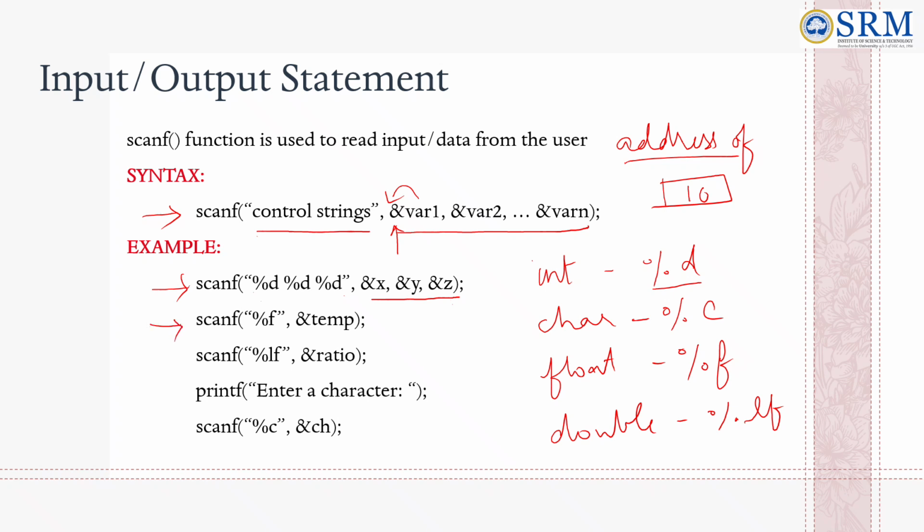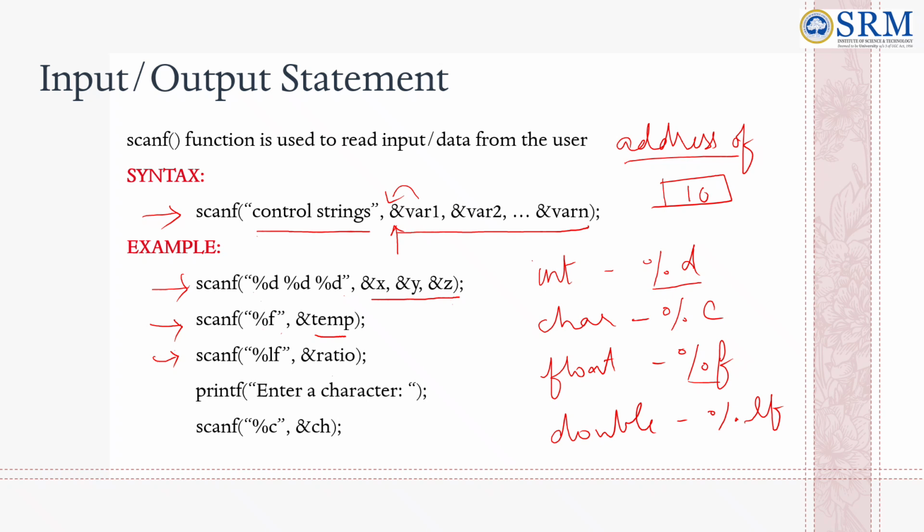In the second line, we read the value for temp, which is of floating point data type, and the control string to be used is %f. Scanf, so within quotes we give %f, comma, ampersand temp. Next we have ratio, which is of double data type.